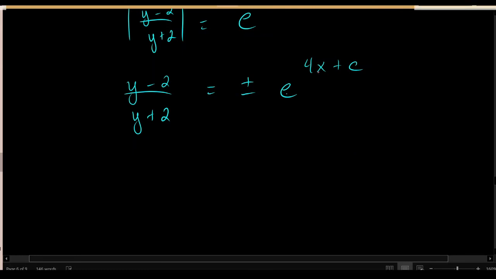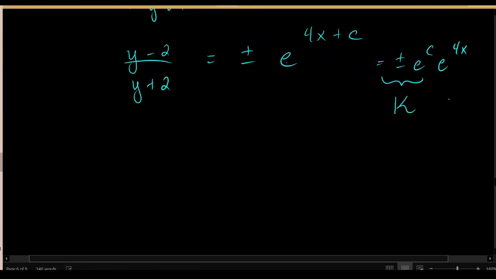Instead of having e to the 4x plus c, I'll think about this as e to the c times e to the 4x, and I'll combine these constants into a single united k. So now I have y minus 2 over y plus 2 equals k e to the 4x.